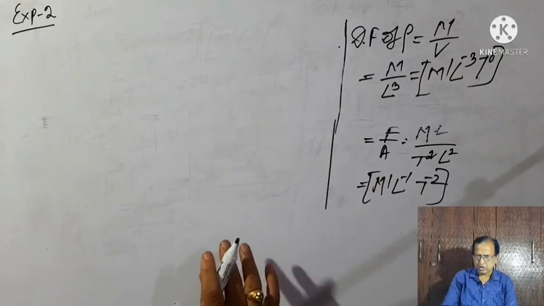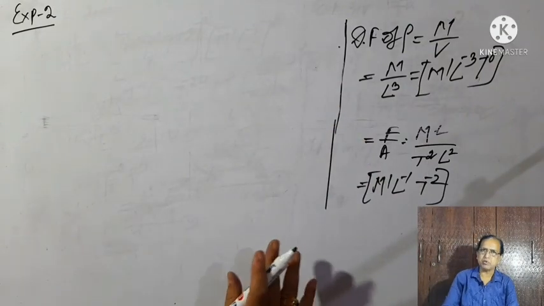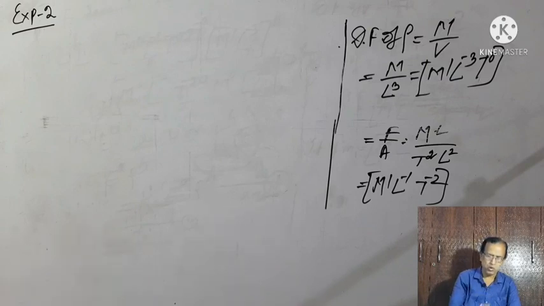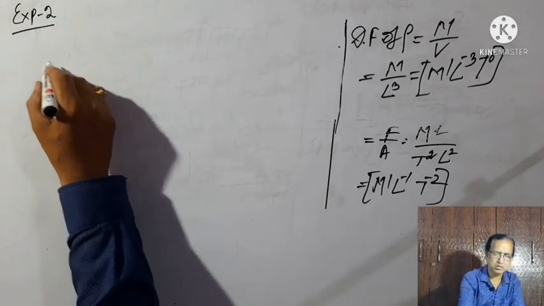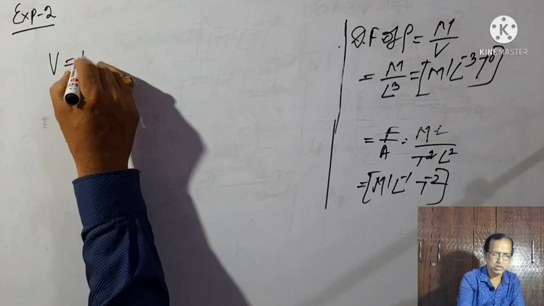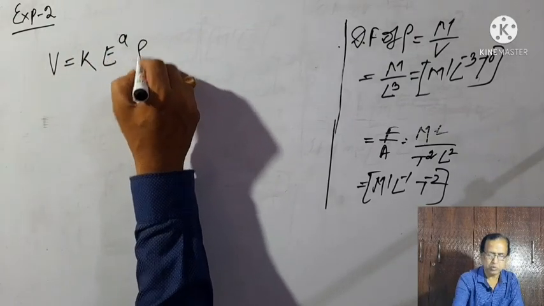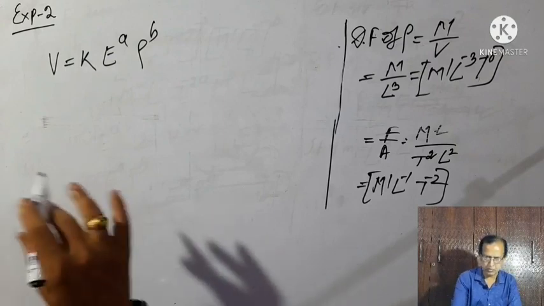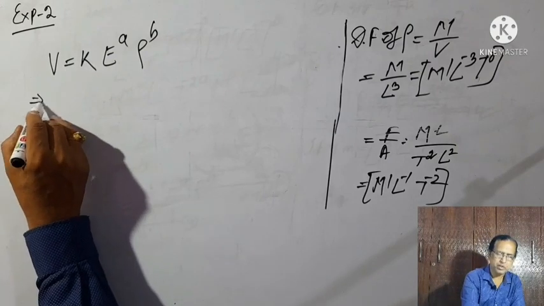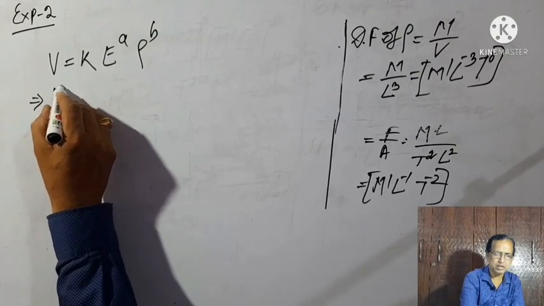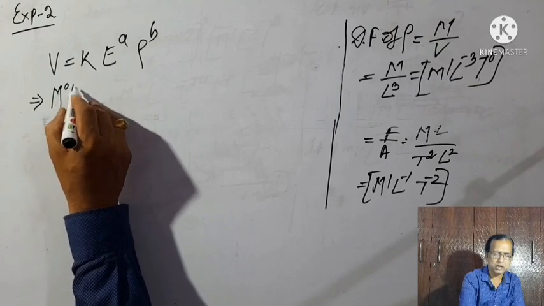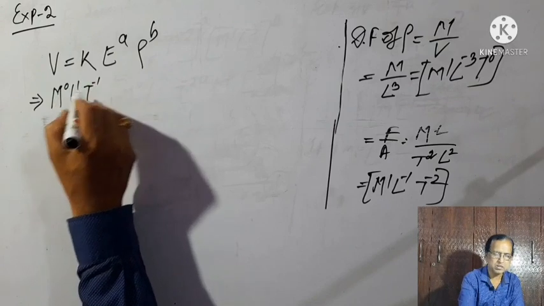Now all the dimension formulas are put in equation 1. Equation 1 means V is equal to K E to the power a rho to the power b. Put the values. V means M0 L1 T minus 1.